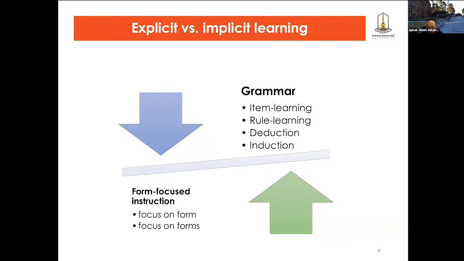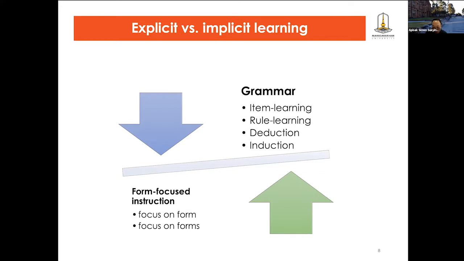Item learning involves the memorization of specific grammatical forms or linguistic features. For example, English irregular verbs are a good example of item learning.